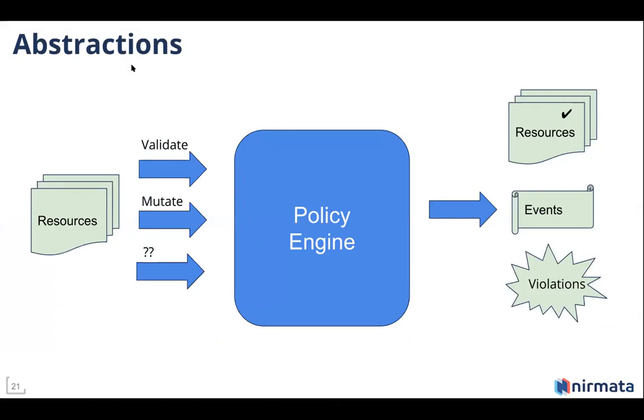But of course, the inputs into it currently are mostly through the webhooks, the validate, the mutate triggers. We also, like Shiv mentioned, we're watching for namespace changes. And there will be other triggers that we potentially can add in the future. The idea is to operate on the raw resource, and the outputs are, again, we're creating JSON patches, the updated resources, events, and violations, right?